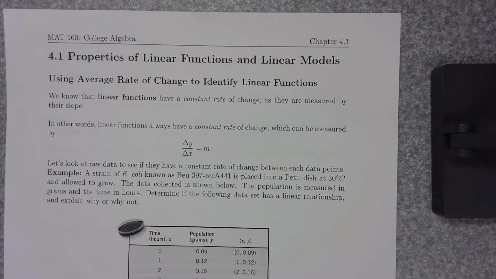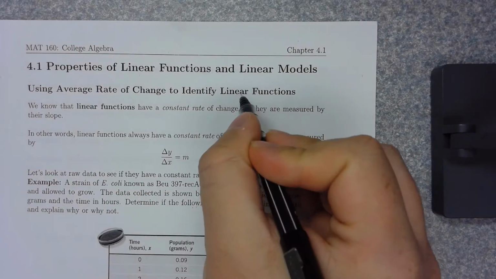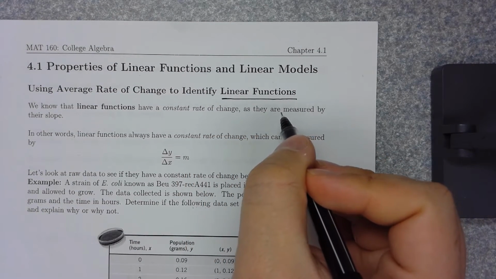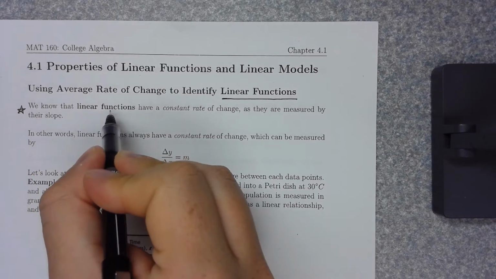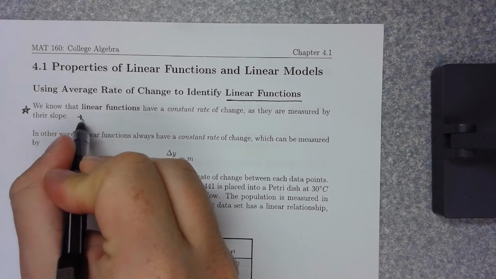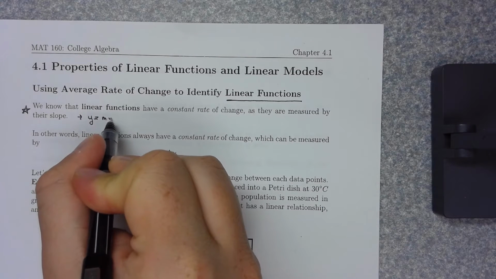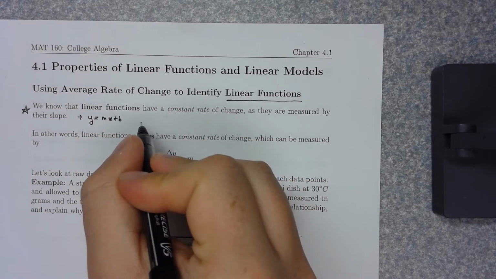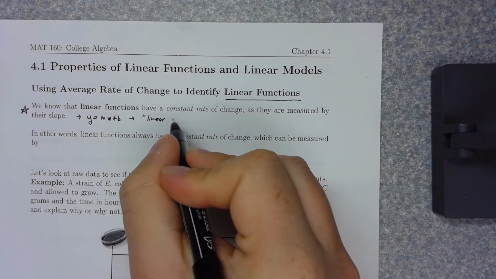So what we know about linear functions is that they have a constant rate of change, right? We know that linear functions have a constant rate of change as they are measured by their slope, right? y equals mx plus b. Right, that tells us about their linear equations.